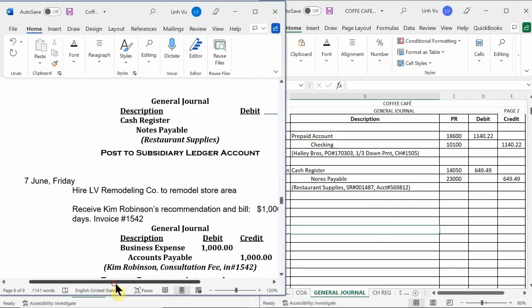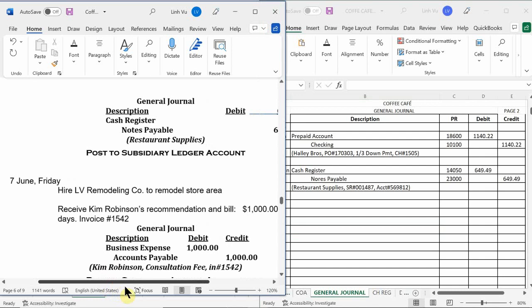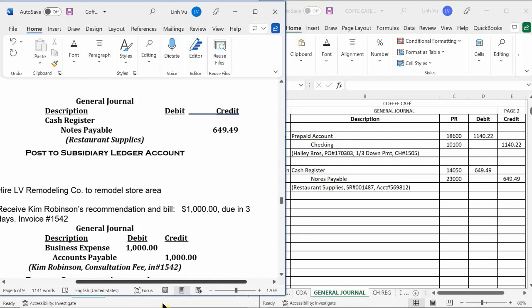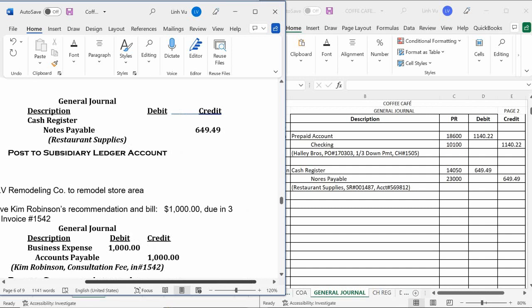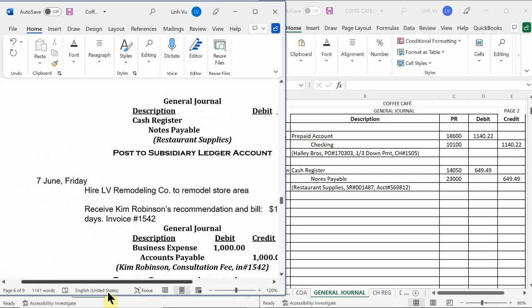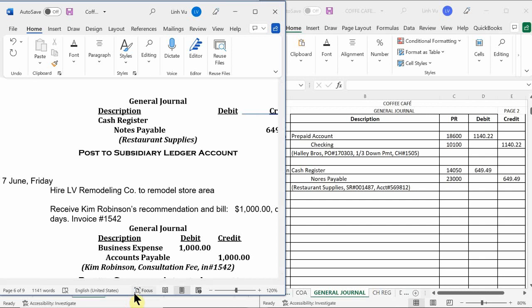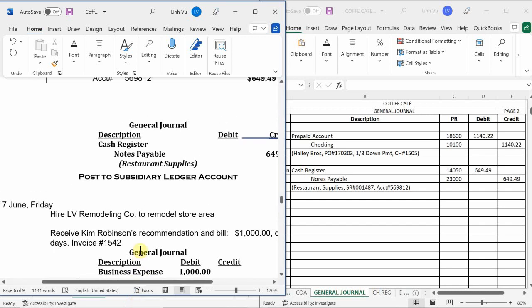Then we end up receiving Kim Robinson's recommendation, and it came in a bill for $1,000, and it's due in 3 days. Invoice number 1542. So what do we do with this transaction? How are we going to record this? Because I never stated I was going to pay.